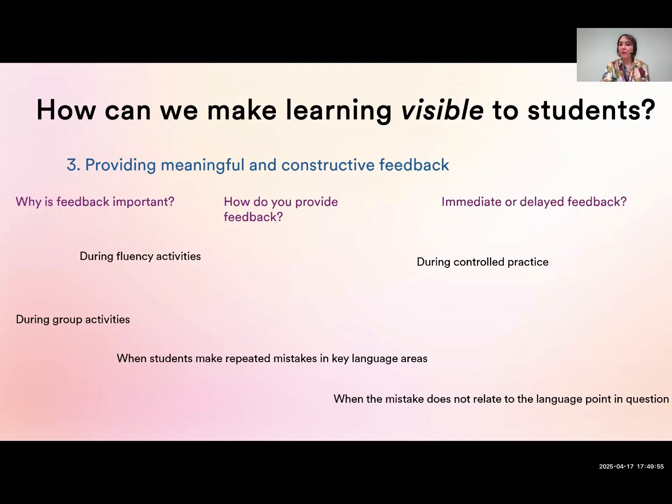When the mistake does not relate to the language point, then we can delay it as well. We might not necessarily interrupt in that moment, especially with lower levels as they naturally make lots of mistakes. We can't correct everything. We just need to focus on the ones that are more key for the language point.